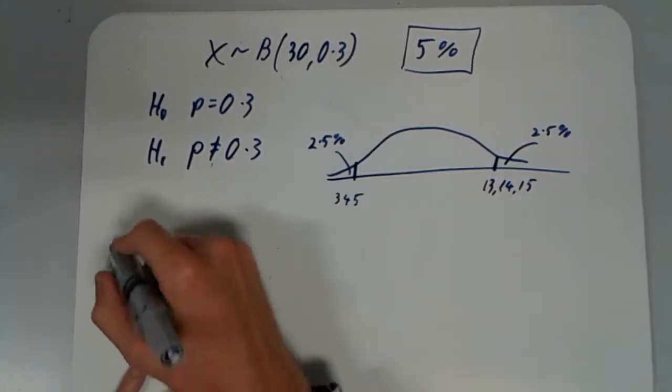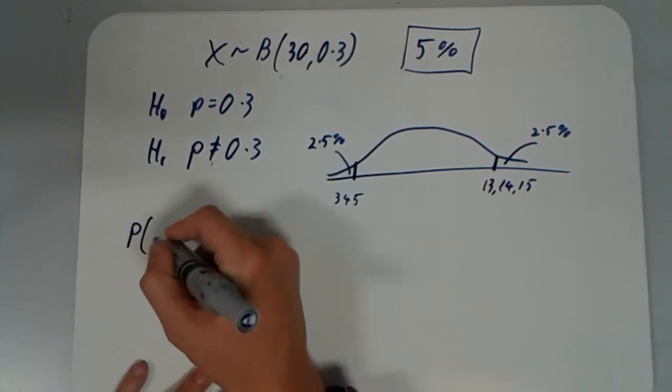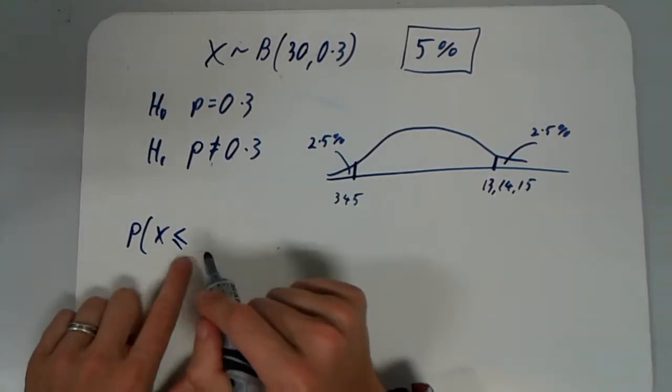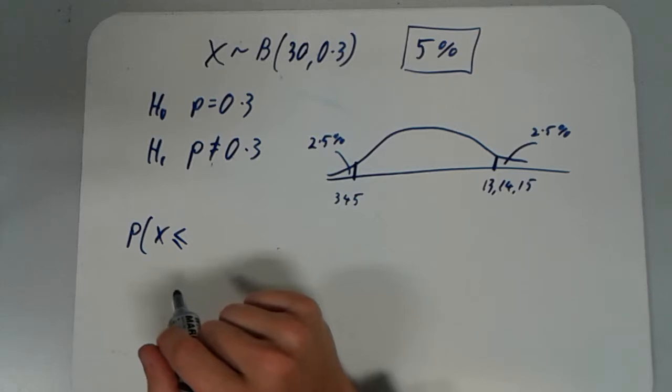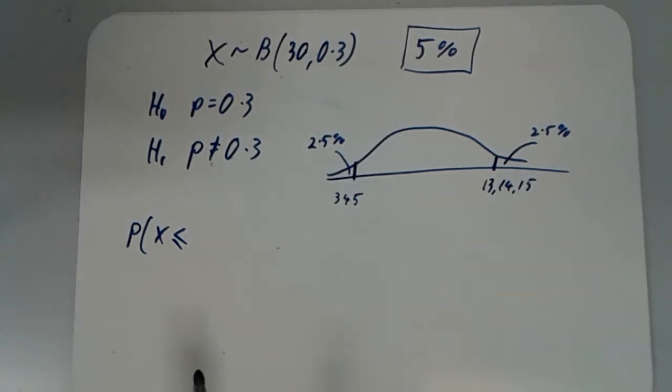So let's do the lower tail first. You would have put each of these probabilities into your calculator, remembering that it gives you the probability that x is less than or equal to a given number. We need to write down the two which are closest to 2.5%.